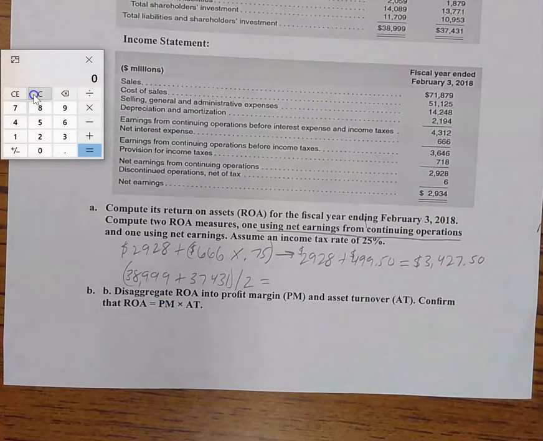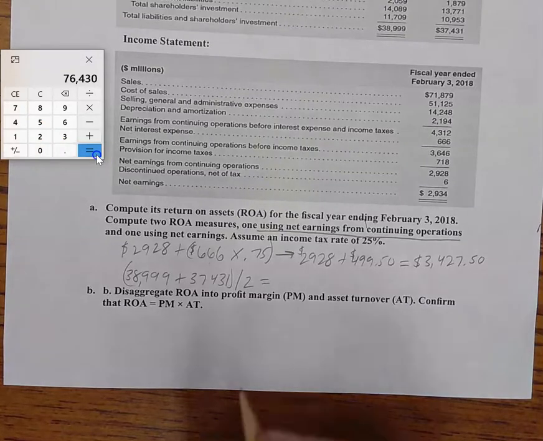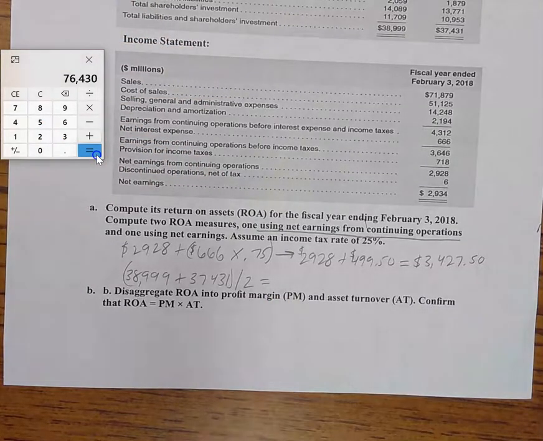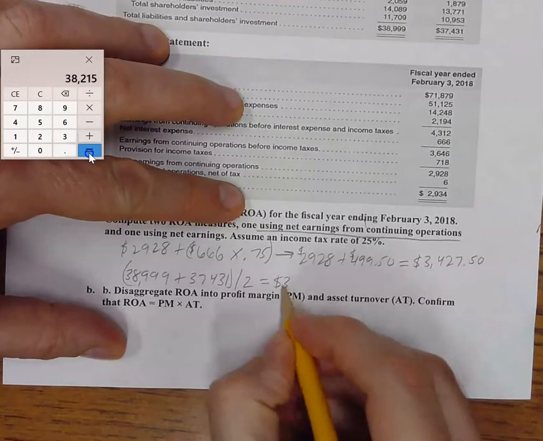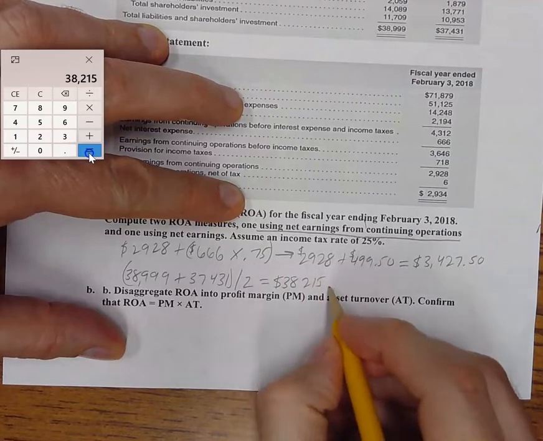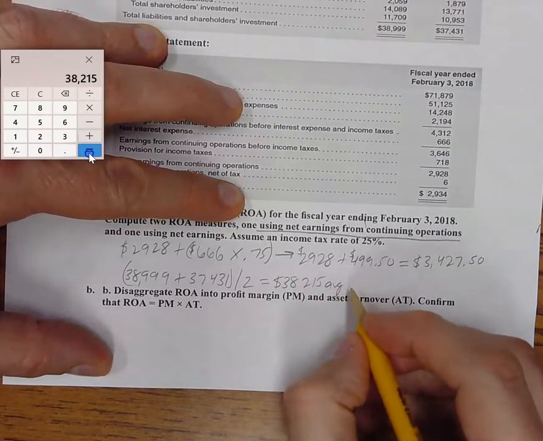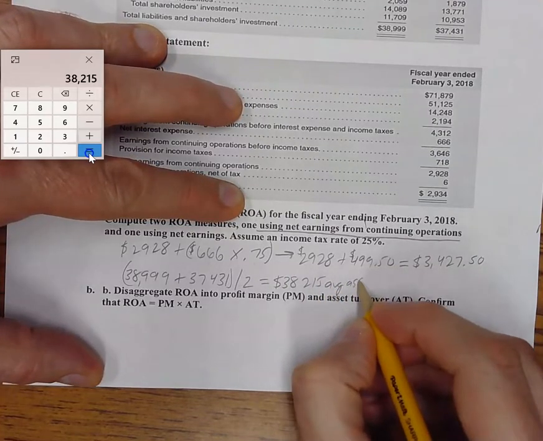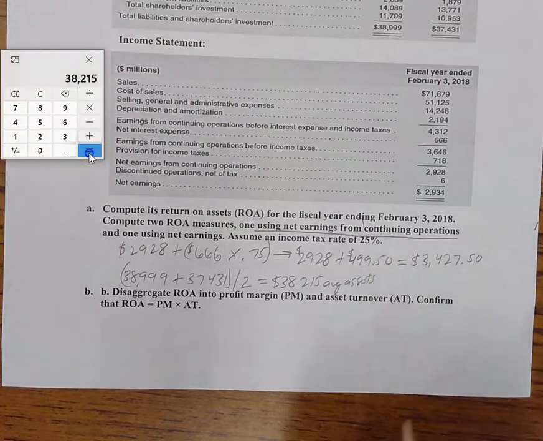So I'll go ahead and do that. It was $37,431, and then I need to divide that number by 2. So this 38,215 is average assets.